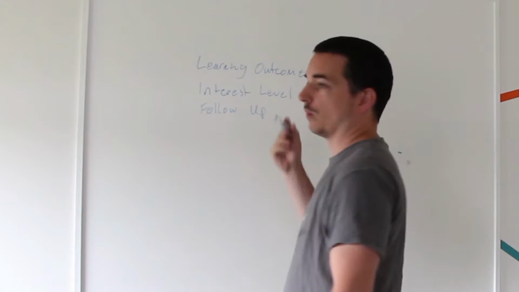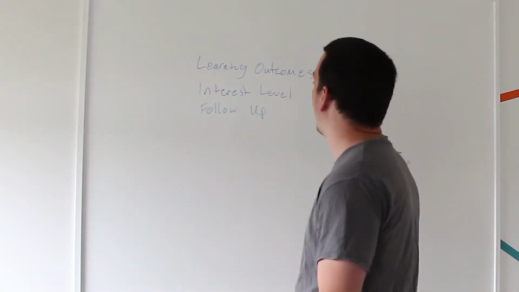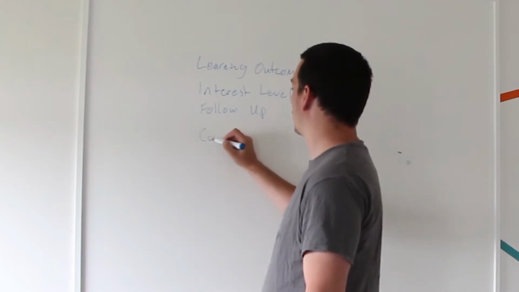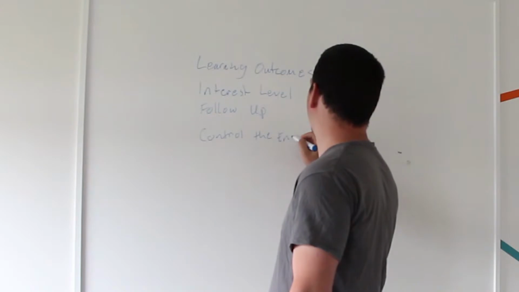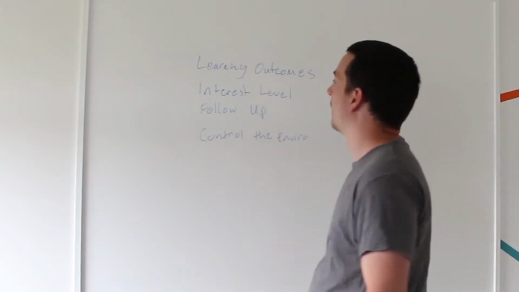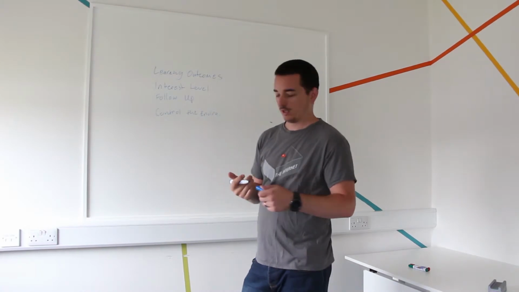So this is like what aspect, if any, these people would be looking to go with. From our perspective, we wanted to control the environment. So these are the four things that we thought were the most important for the remit.